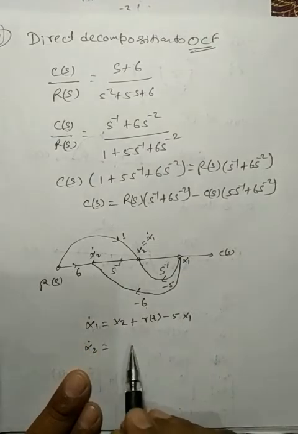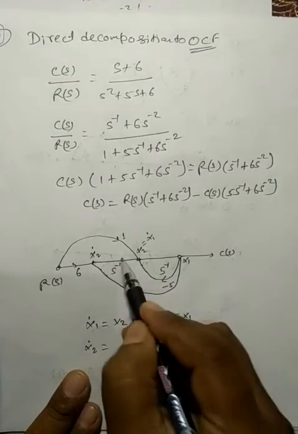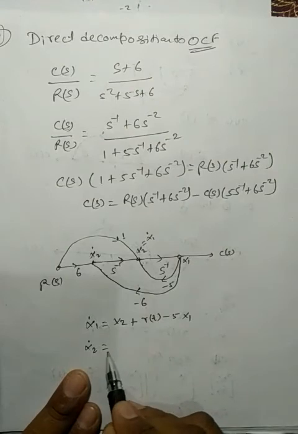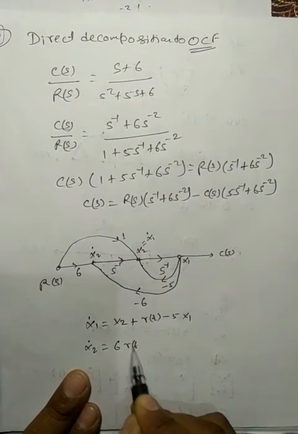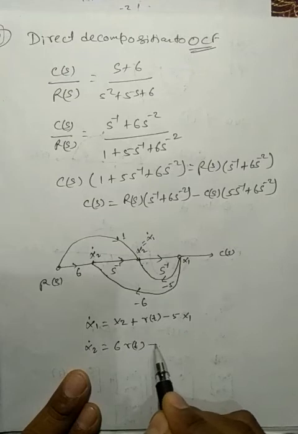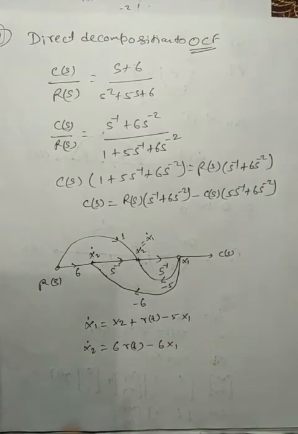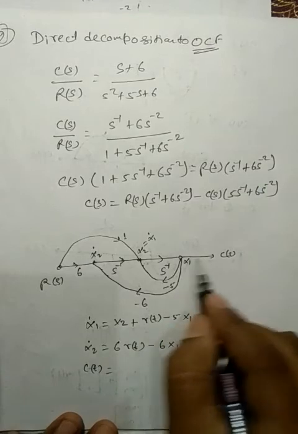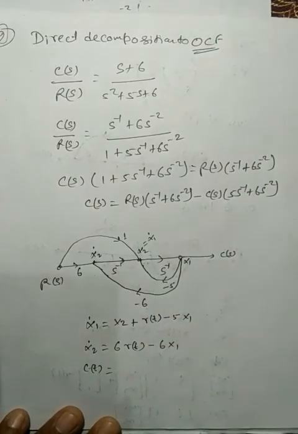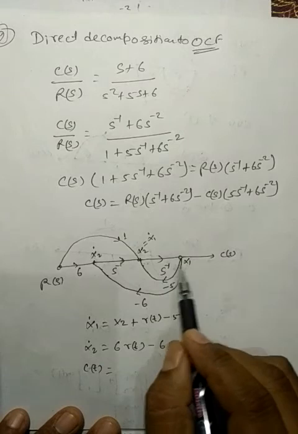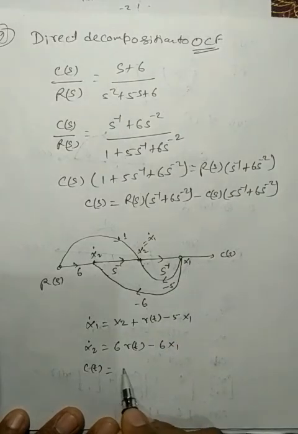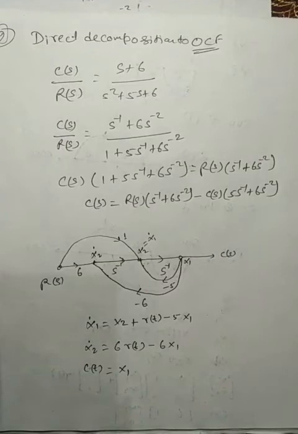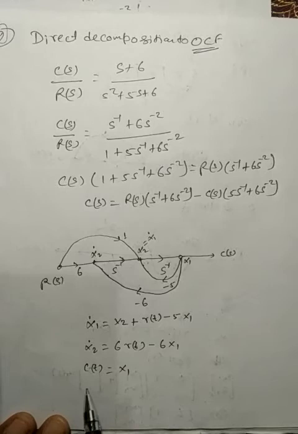And x2 dot will be equal to 6RT minus 6x1, right? And what about CT? CT will be x1, right?